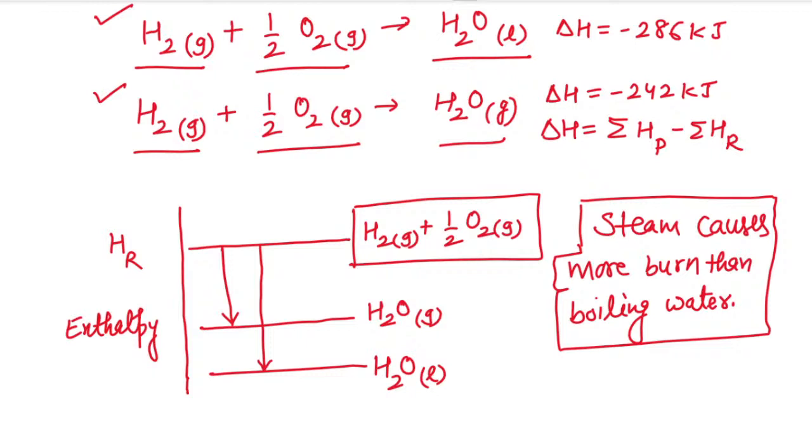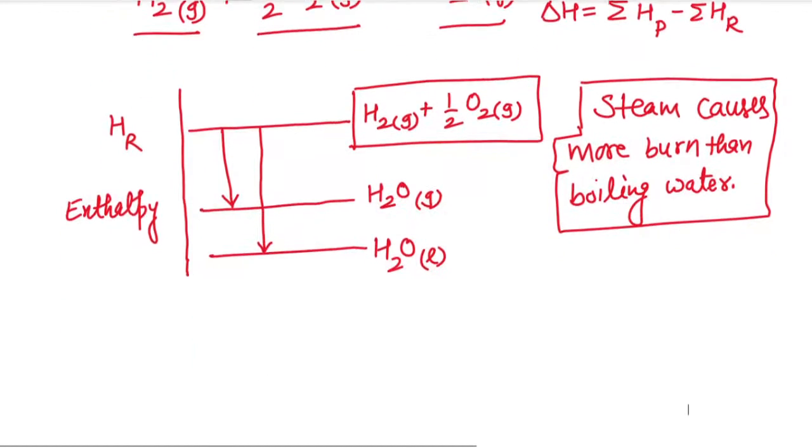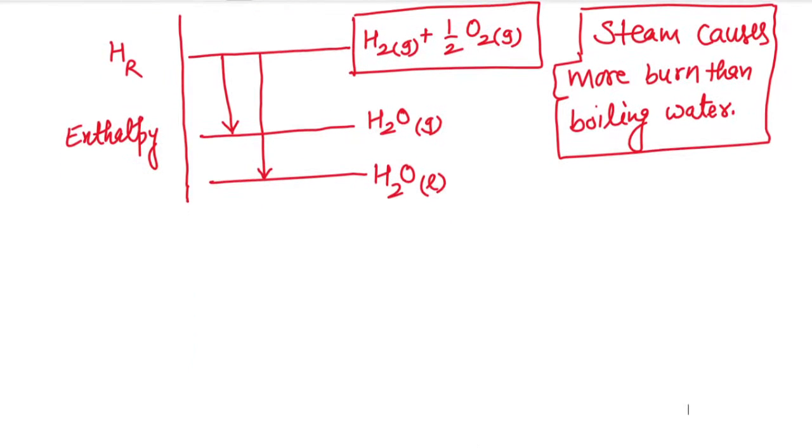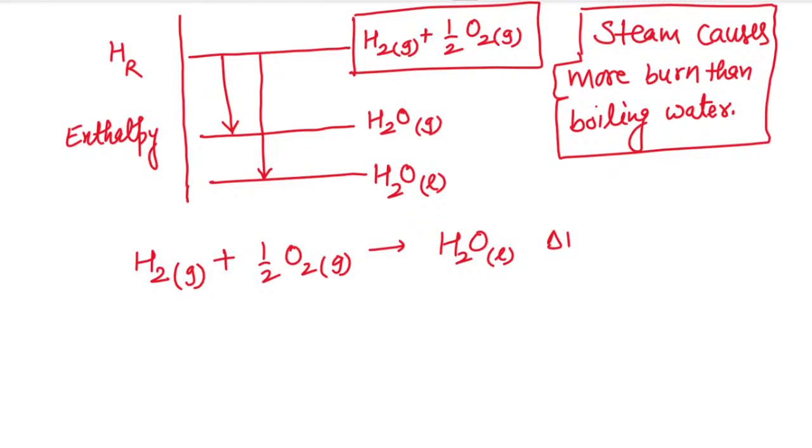Now again, coefficients. If we have H2 plus half O2 gas to H2O liquid, energy involved is minus 286.